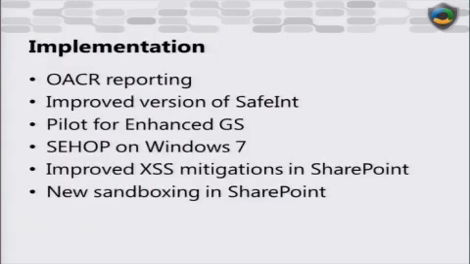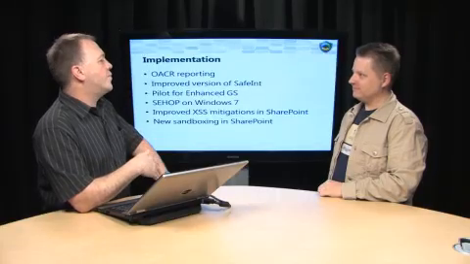If we look at the implementation, Office has always been really good in terms of static code analysis. They had a tool called OSCR, Office Automated Code Review, which is a code analysis tool that is used to find compiler errors or any banned API use or anything that you shouldn't use in your code. It's highly successful.